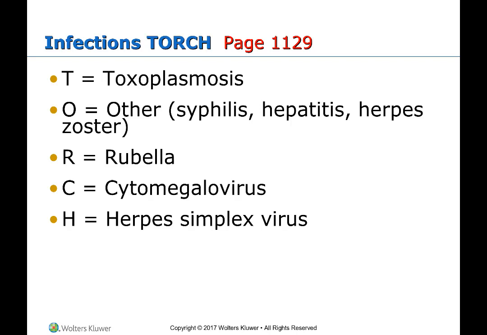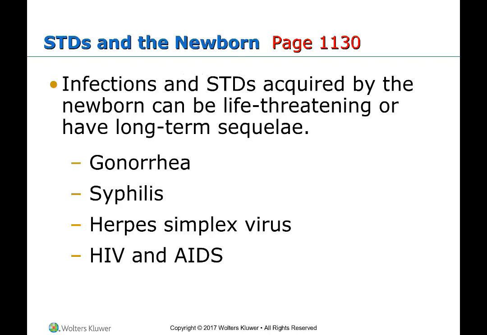I guess they couldn't make up a word with all of those, so they just put other. There's also gonorrhea, HIV, AIDS. Actually, there's more than this. Okay, we'll just talk about this a little bit. Actually, I'm going to go to this one. Oh yeah, okay. I guess this is the next one that they talk about.